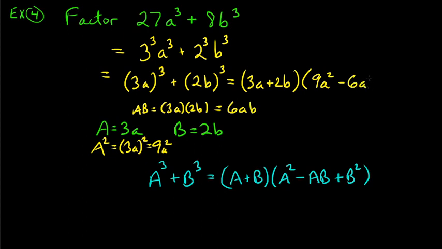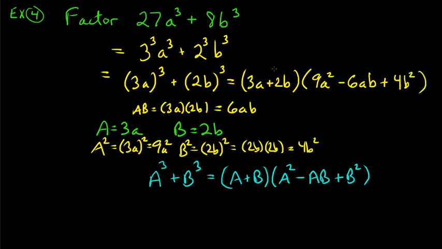So capital AB is 6 times little a times little b plus b squared. So b squared is 2b squared. 2b times 2b is 4b squared. So capital B squared is 4 times little b squared.